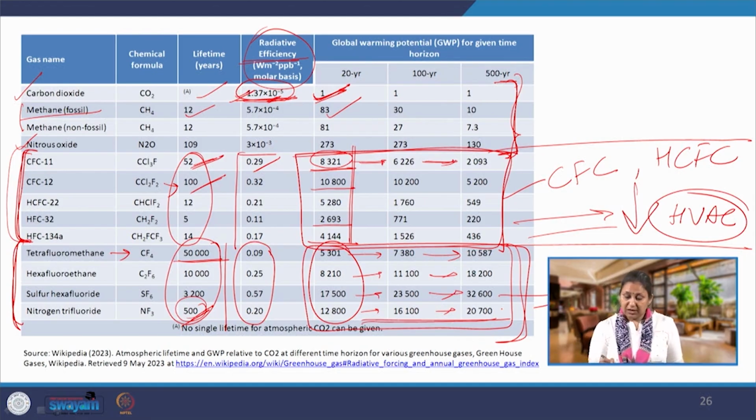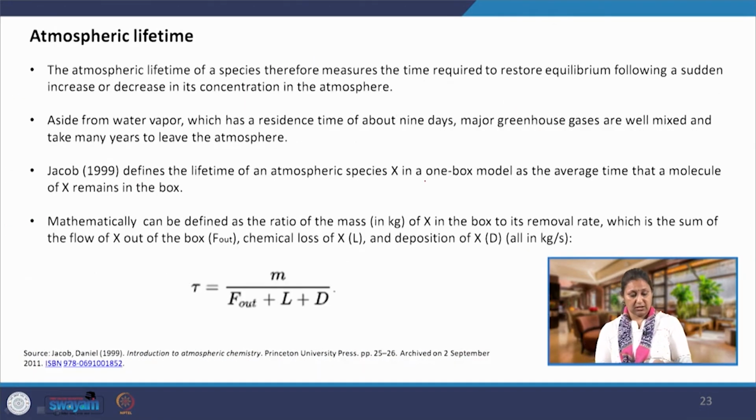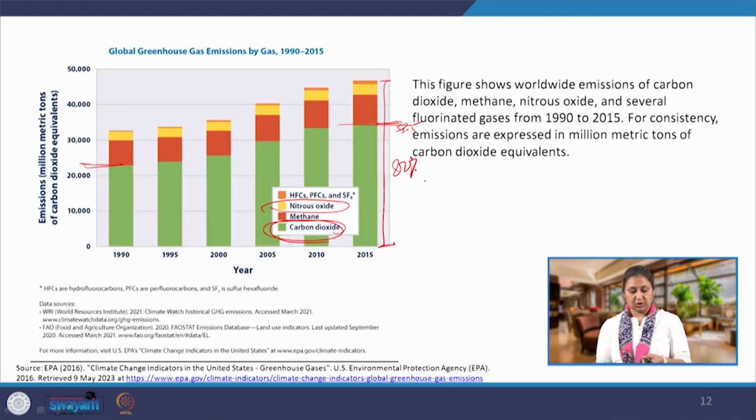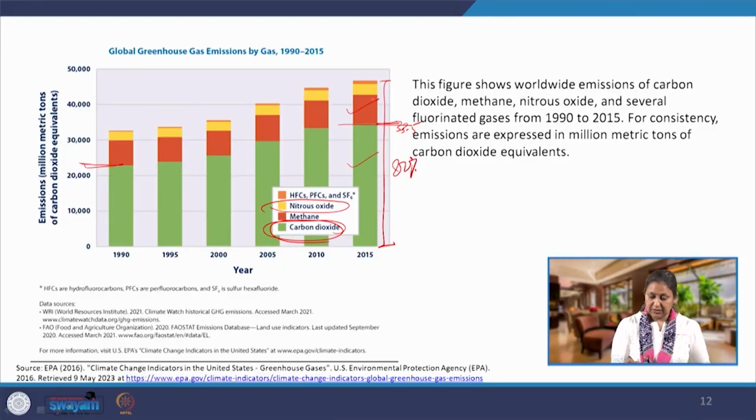If we look at the overall concentration, and this graph again, a lot of carbon dioxide and methane and also nitrous oxide to some extent, a large part of it is actually produced because of the consumption of energy and maintaining indoor environmental comfort inside the buildings.